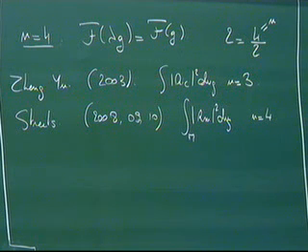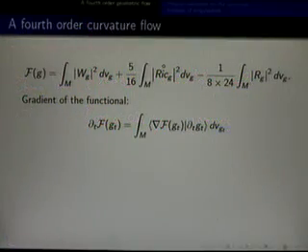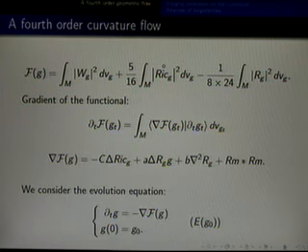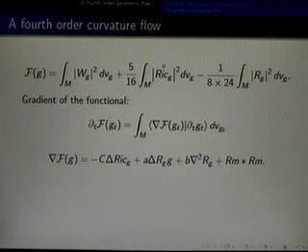So what is the gradient flow for this functional? First of all, the gradient of the functional is given by this formula. If you take the first variation of your functional, you can express it as a scalar product in L2, and the term that appears just here is called the gradient of the functional. For this particular functional, it is given by such a formula.